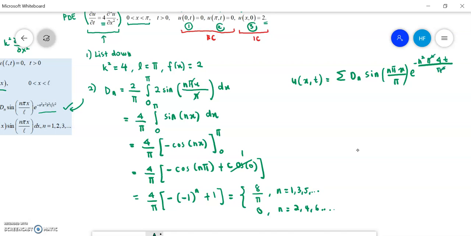So we can cancel this out and we have T_n sine nx e to the power of negative 4 n squared t.